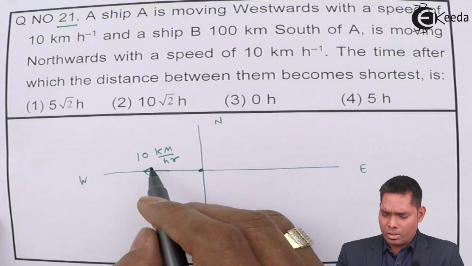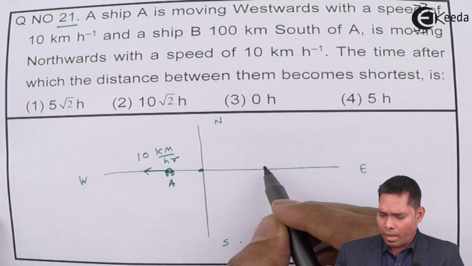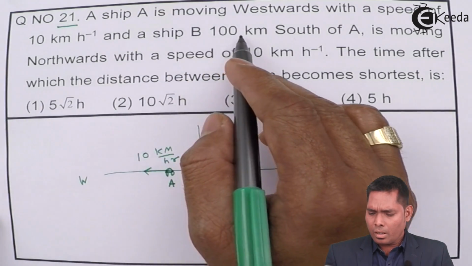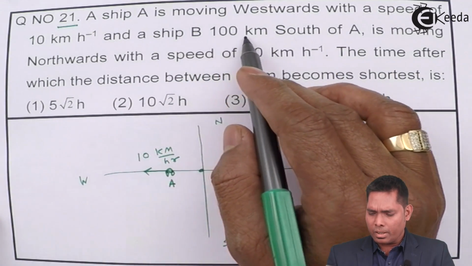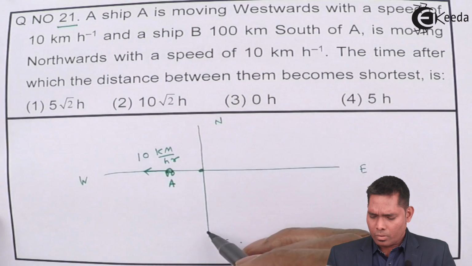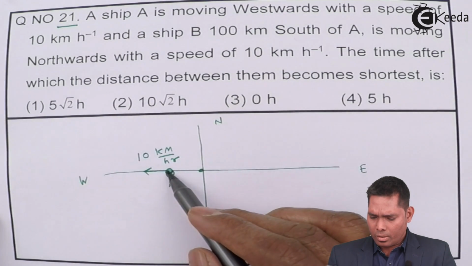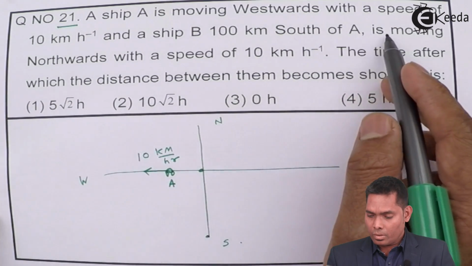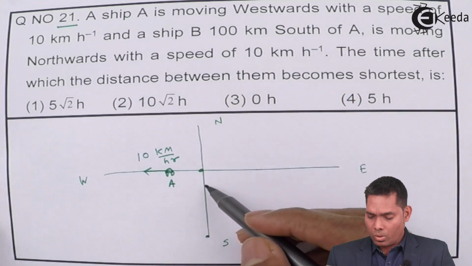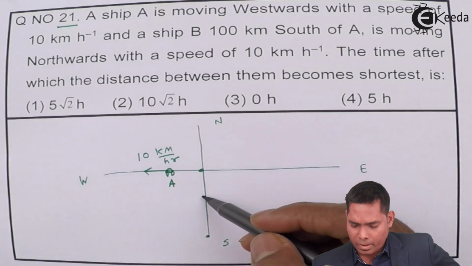And a ship B, which is 100 kilometers south of A. So from A it is 100 kilometers away, somewhere here.